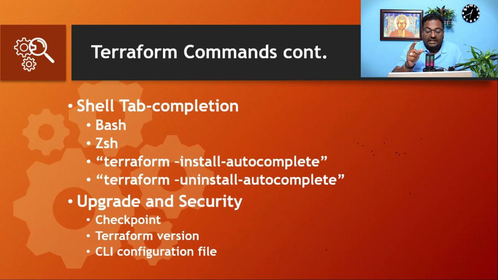So the Terraform CLI command interacts with the HashiCorp checkpoint service to see if there are new versions available and to check for critical security bulletins about the current version, to protect privacy and security, my friend.